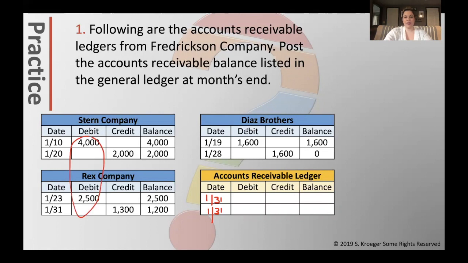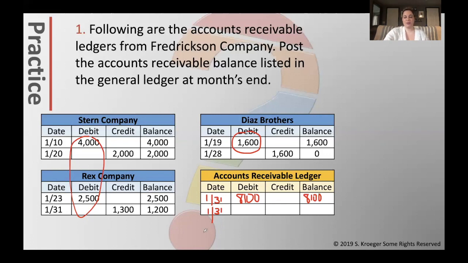Add up all these debits, and what do you get when you add it up? When we add the 3 up, we get 8,100. So we'll put 8,100 in the debit box. And then in the balance box, we just put the 8,100. Once again, that's assuming that there's nothing prior to this.